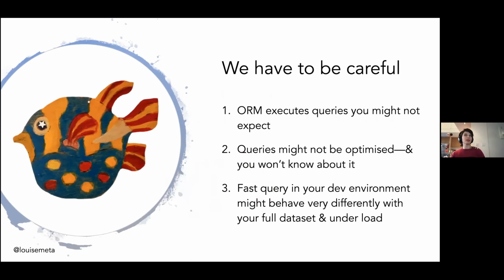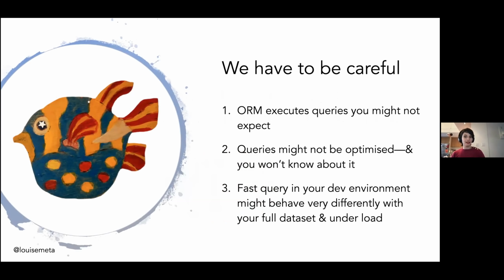We have to be careful because sometimes you will end up with queries that you don't expect. They tend to sometimes execute queries that you don't see at first. Some of those queries might not be optimized, and you won't know about it if you don't learn how to look at queries and recognize what is wrong with a query.